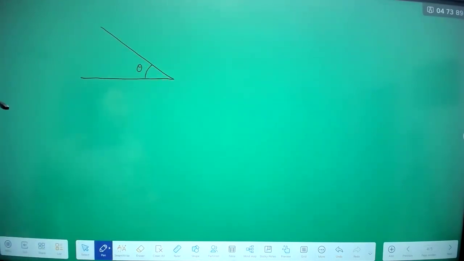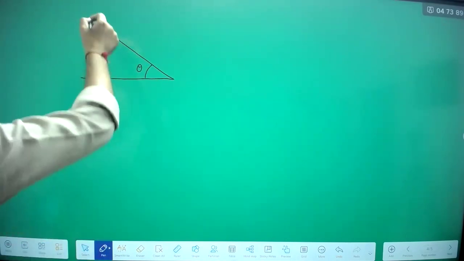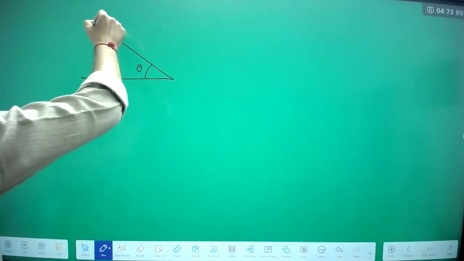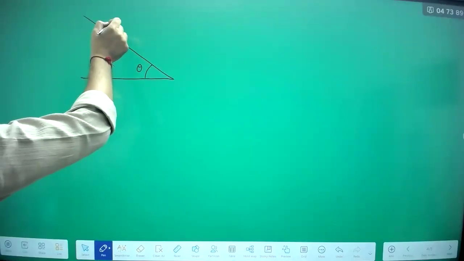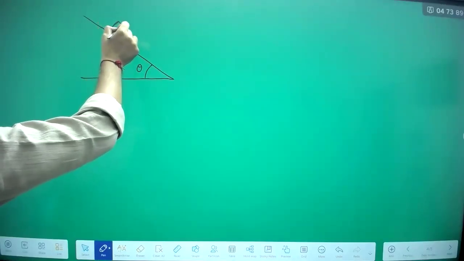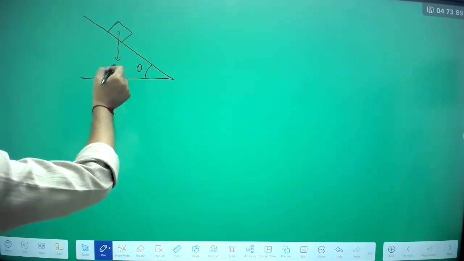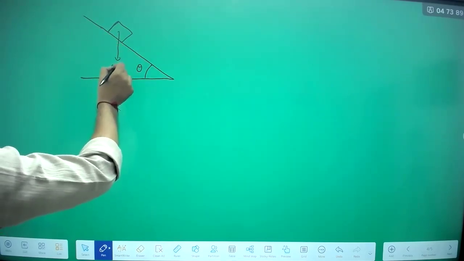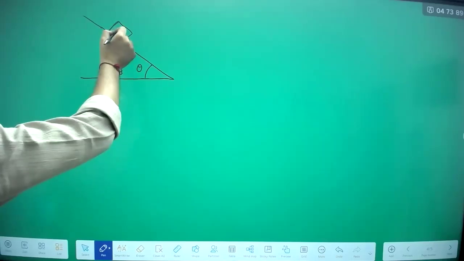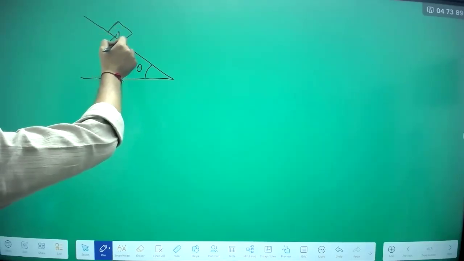What his question is, he is saying that if you make this angle of inclination quite large, then you are creating a problem. Why? Suppose this is your car, its weight mg is here, and this will be θ.